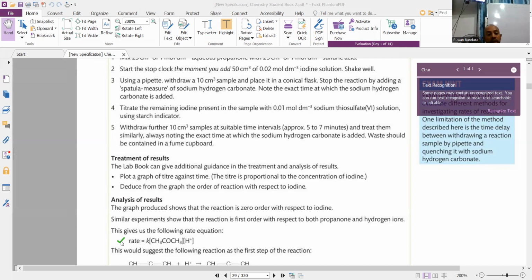Therefore, the minimum number of steps for this reaction is 2. Why? Because iodine is not involved in the rate determining step. Sometimes you may be asked to identify the minimum number of steps. Is that clear?